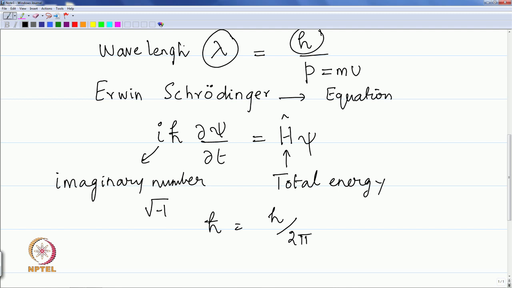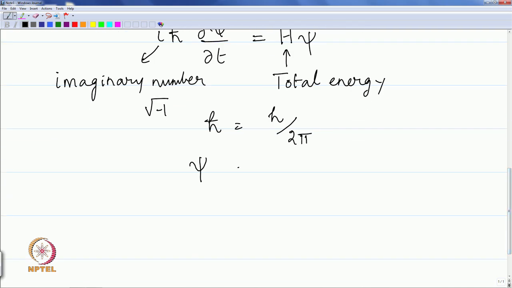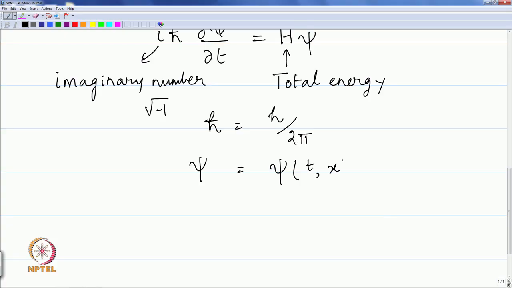Schrödinger proposed this equation as the equation that the matter waves would satisfy, and he proposed the function psi as a property of the system, and since it is a property which describes how the system evolves in time, psi itself is a function of time. But in addition to time, it is also a function of the position or the momentum, but not both.